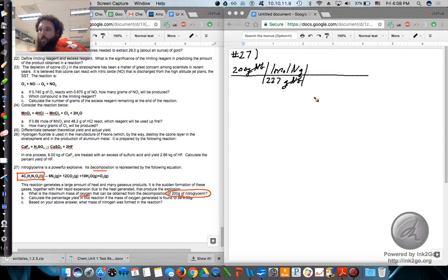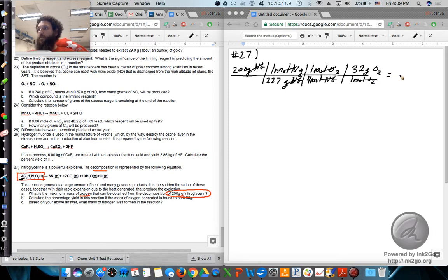All right, now we can go to the next step. We're looking for the oxygen. So we have 4 moles of the nitroglycerin right here, and 1 mole of O2. Cancel. 1 mole O2, 32 grams O2, cancel.